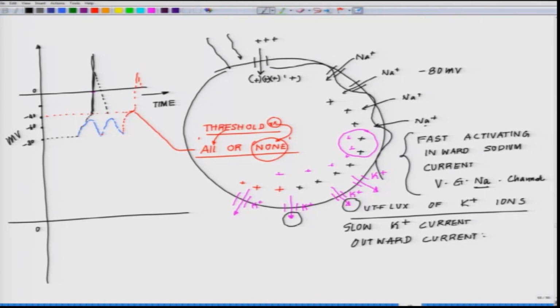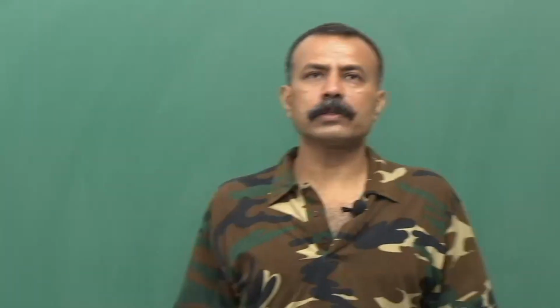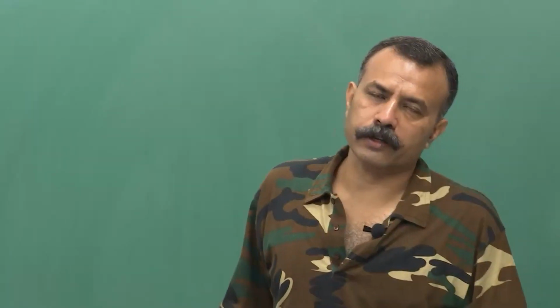So, electricity could be defined in two ways, either a flux of electrons or a flux of ions. The flux of electrons constitutes solid state electronics, whereas flux of ions constitutes ionic electronics. Based on that, there are whole sets of devices: the electrochemical cell, which is an ionic device, whereas a semiconductor is a solid state electronic device.